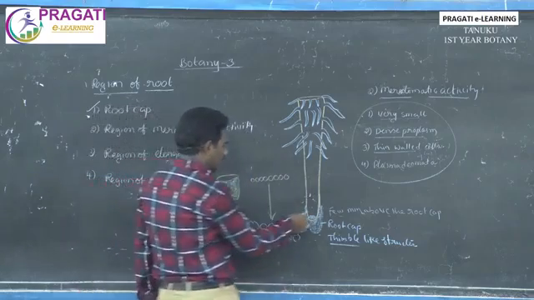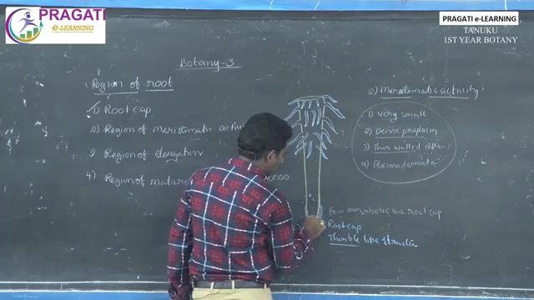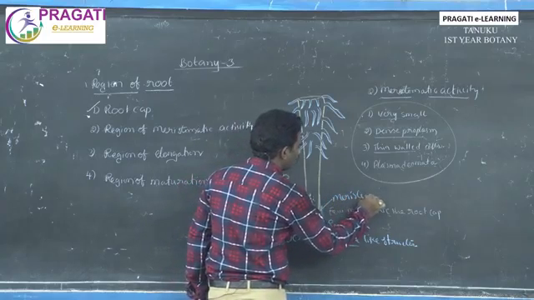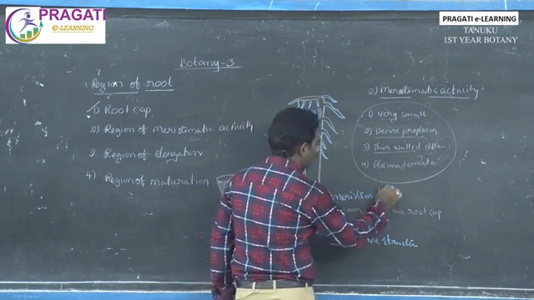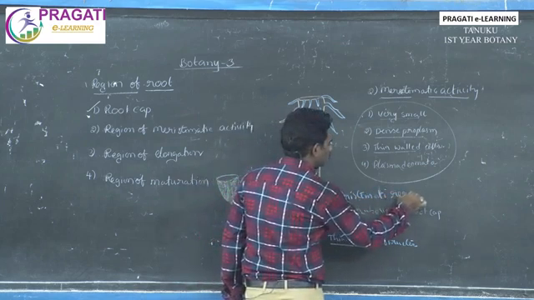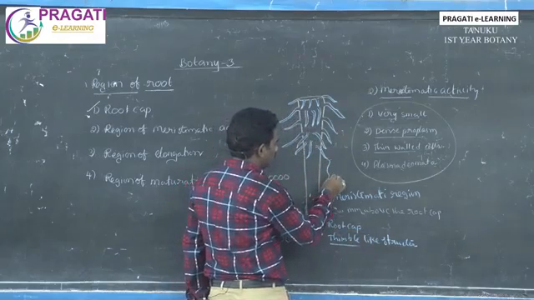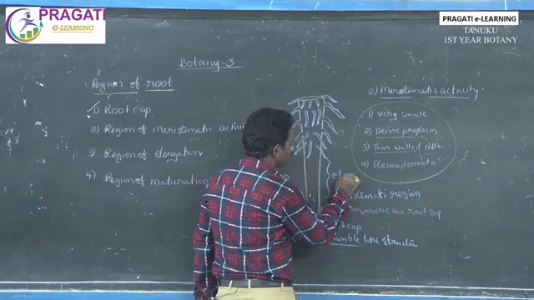This is the meristematic region, and this is the elongation region.